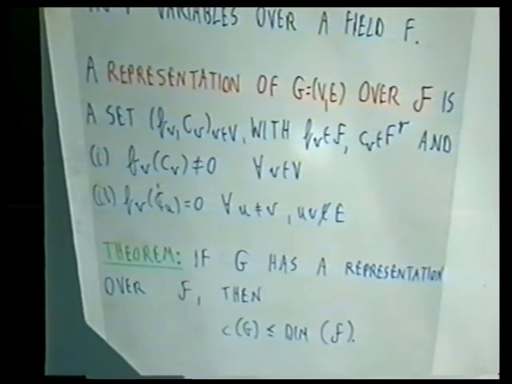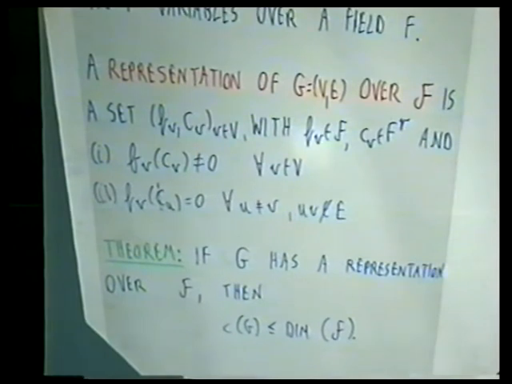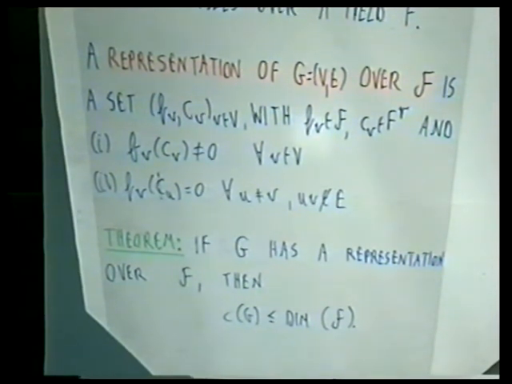And then what one can prove, as a simple application of this dimension argument, is that if the graph G has a representation in this sense over this linear space F, then the Shannon capacity of the graph is at most the dimension of this space. The proof goes essentially by bounding the cardinality of an independent set in some high power of the graph.